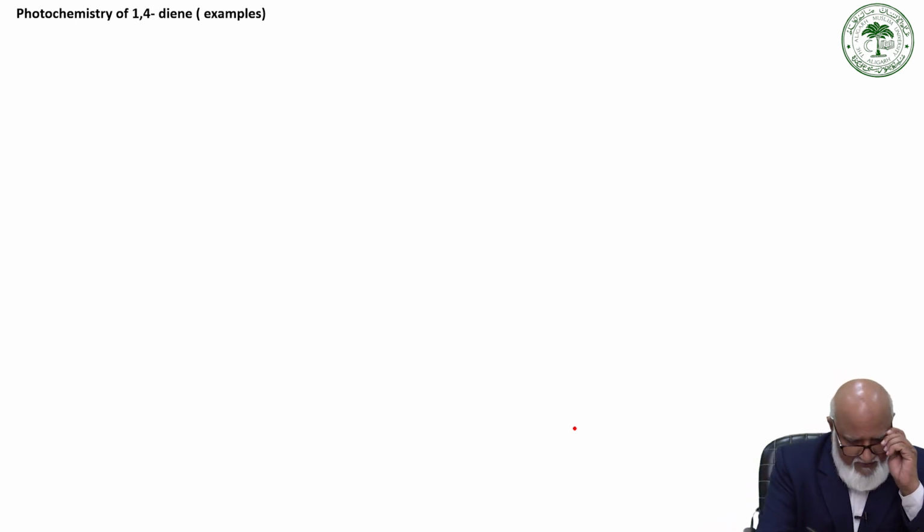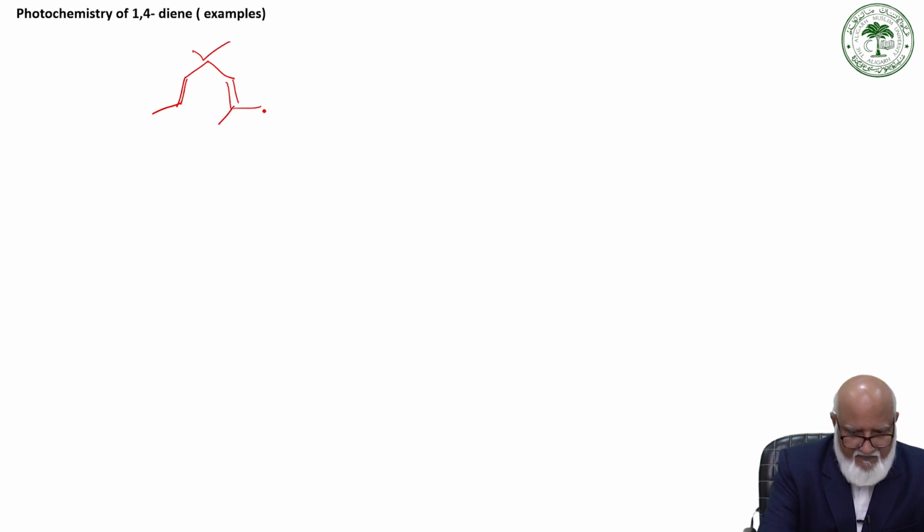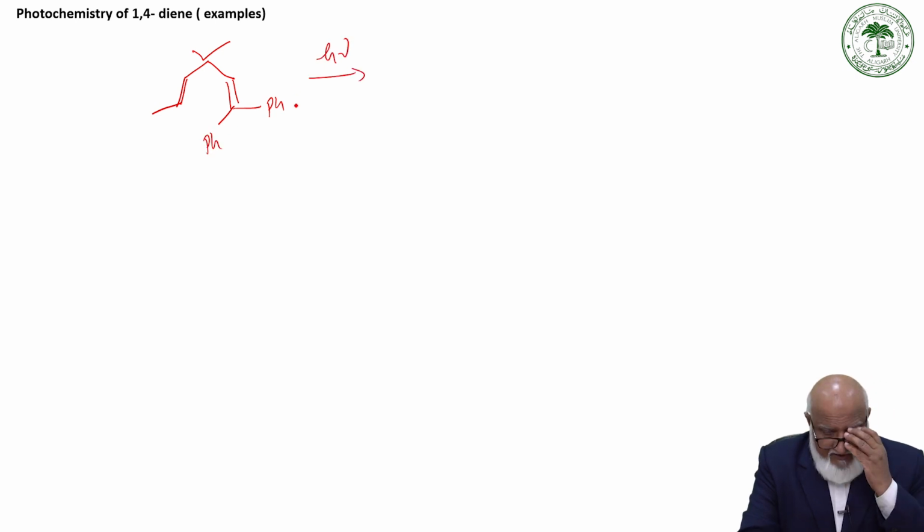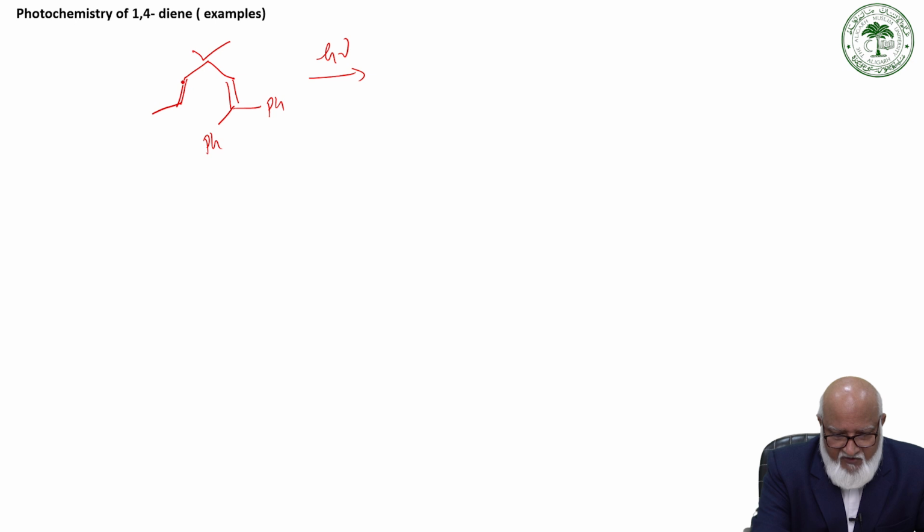As I have mentioned, these people have used different systems, for example, if you have a system like this, so this is one pi bond, another pi bond separated by a methylene group.